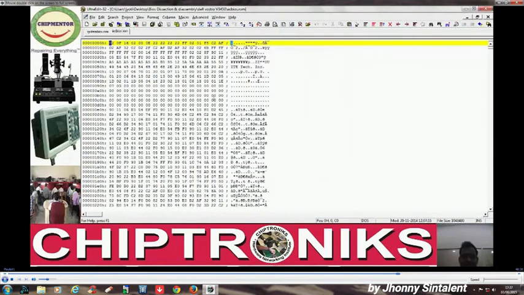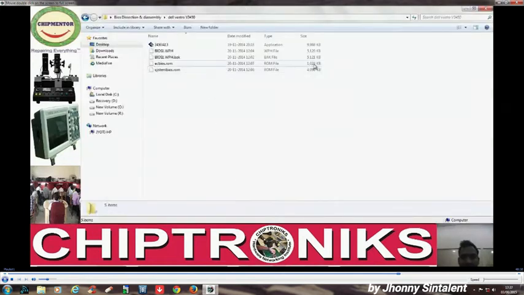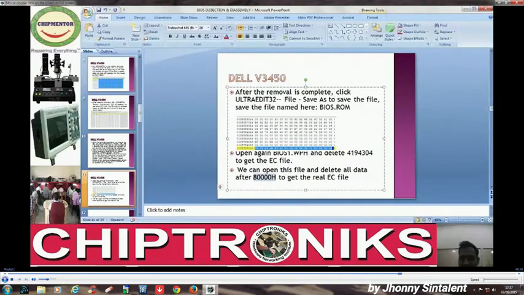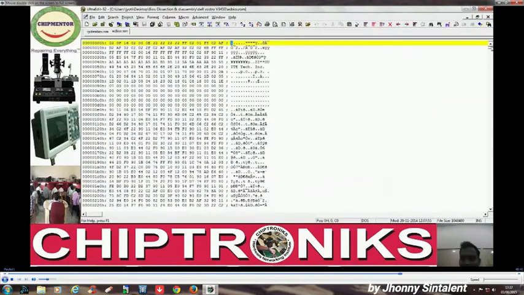But you can see this file is more than 512 KB. So we'll delete the data after 8, that is 512 KB. We'll delete the data after 8.